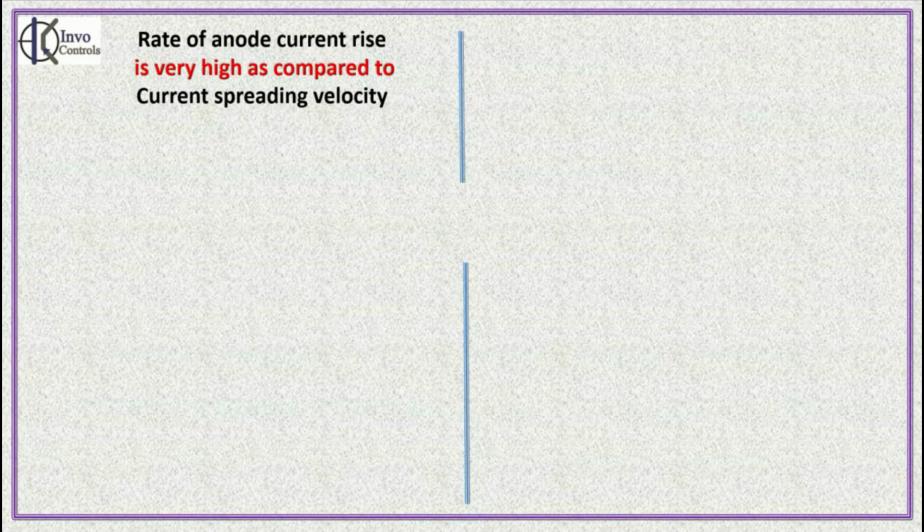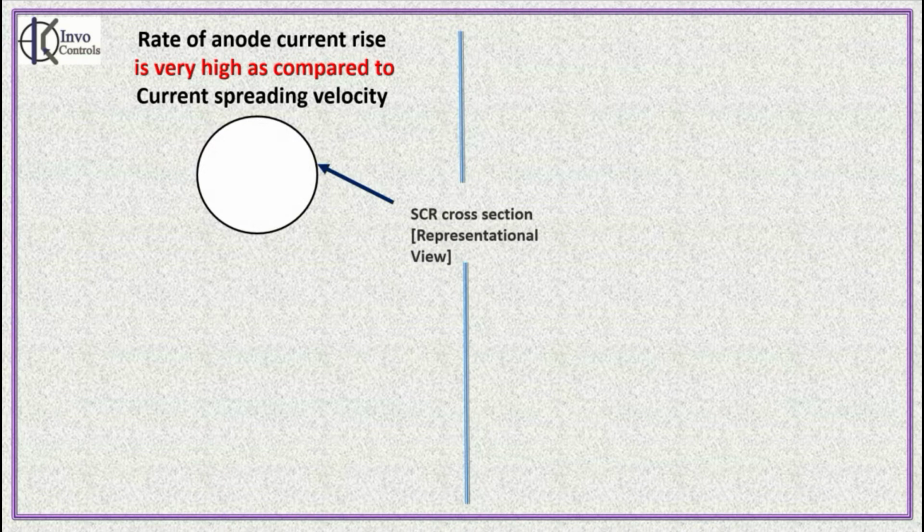Assume that the circuit di by dt, that is the rate of rise of anode current, is very high as compared to the spreading velocity of the turn on process. Then there will not be sufficient time for the anode current through the device to spread uniformly across the cross section of the device.